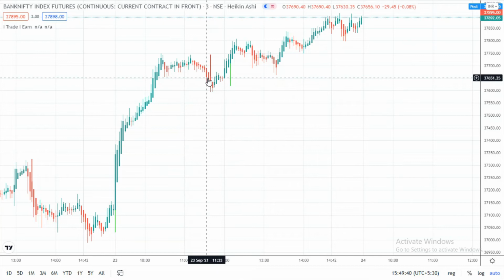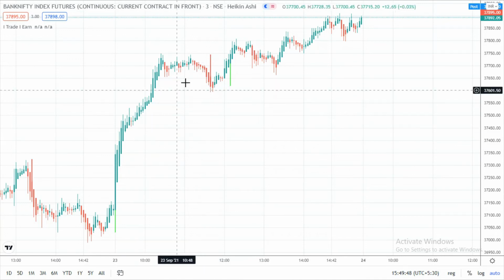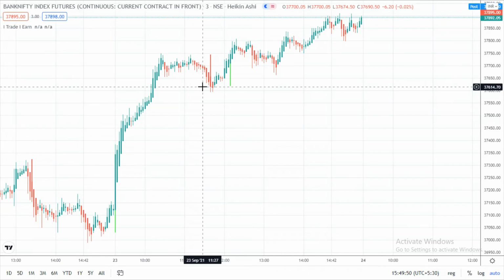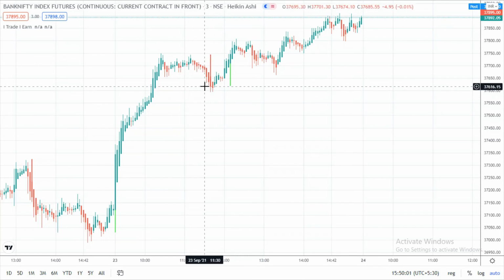Again we got a sell signal, but what I recommend is, when you get a good profit on your first trade, you stop trading for the rest of the day. It is advisable not to trade. Similarly, here you got a sell call, the closing was here, and again it went up.